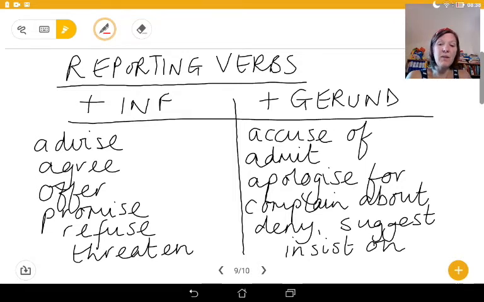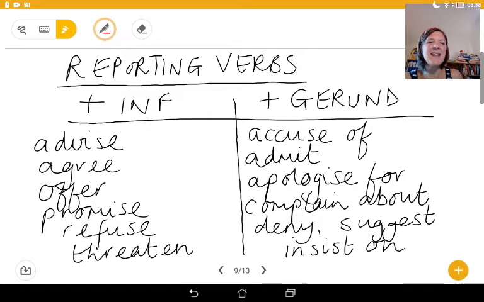Be careful of the spelling and the pronunciation of this verb, minacciare, threaten. Here the original sentence might be, "If you don't pay me the money, I will kill your rabbit," for example.